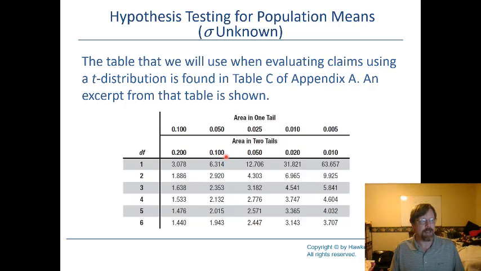So if we're looking at a 5% significance level on a two-tailed test, we can look here at 0.05 and find, let's see, if we had 5 degrees of freedom and we wanted a 5% significance level, that would be our critical t-score. If we were doing a one-tailed test instead, and again 5 degrees of freedom, that would be our critical t-score.